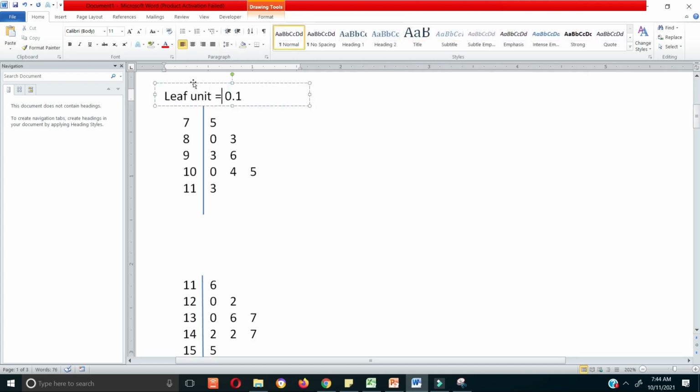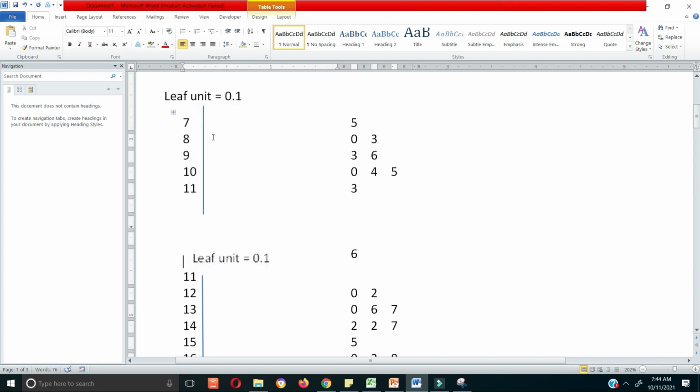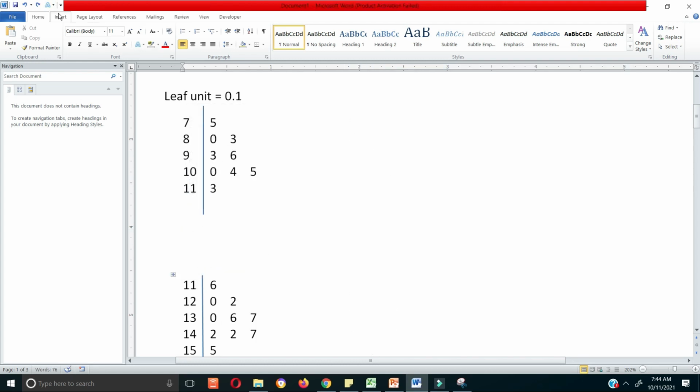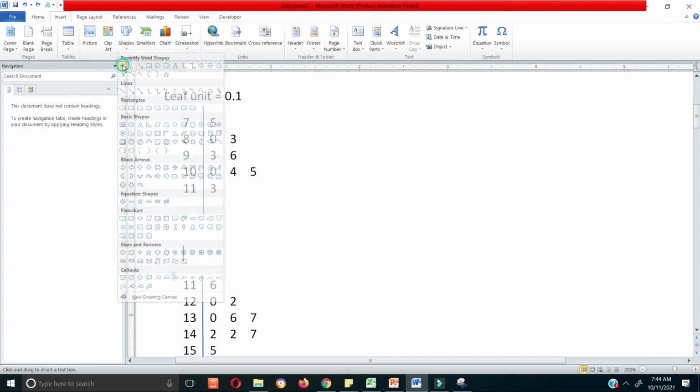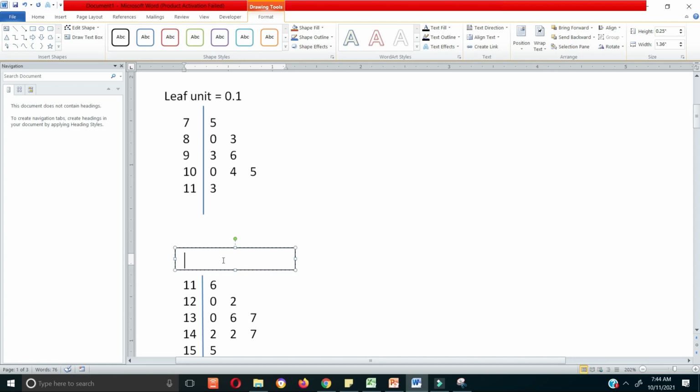We now have to indicate the leaf unit. The most appropriate leaf unit here is going to be 10.